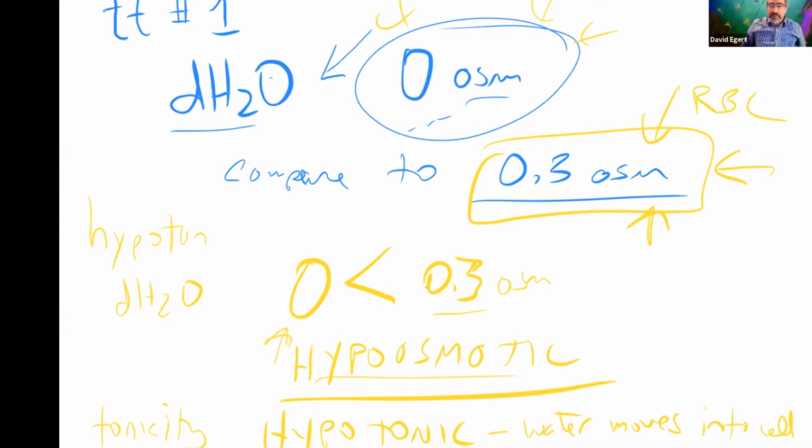That was how I tried to connect all these words together: distilled water, hypo, and blowing up. But whenever you put a cell into distilled water, it's not a good thing for that cell.